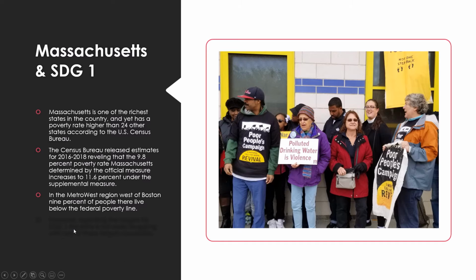But in urban areas near Boston, such as Metro West, there are a good number of people who live below the federal poverty line, and also homelessness has increased by 45% since 2007, with more than 6,000 homeless residents in Metro West.